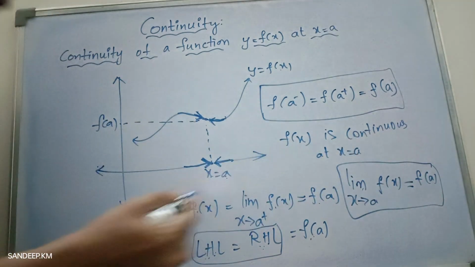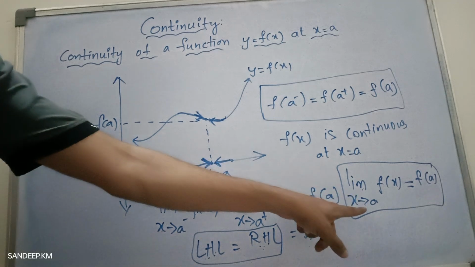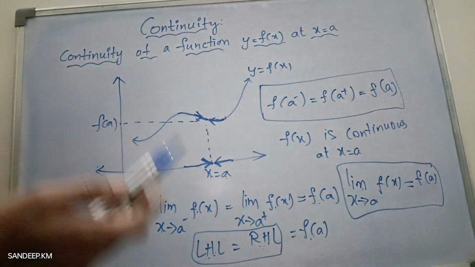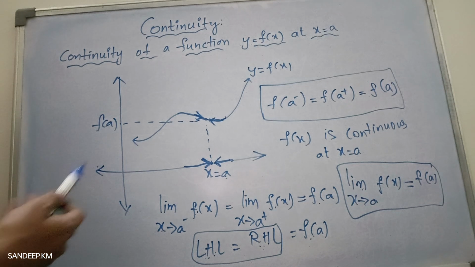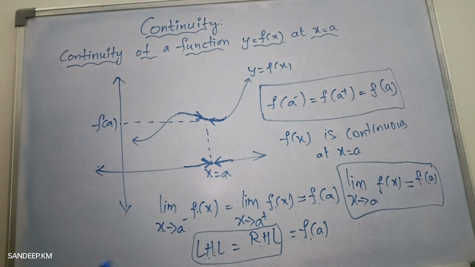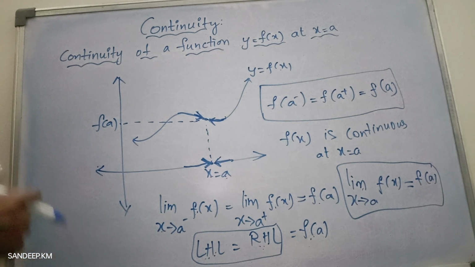So in every problem we don't have to check whether LHL is equal to RHL or not. In some of the problems you will directly find the limiting value of the function. If you have practiced the limits chapter, you would know in which question we have to find LHL and RHL and in which question we will find the limiting value of the function directly. Here also, in problems you will get more idea about it.